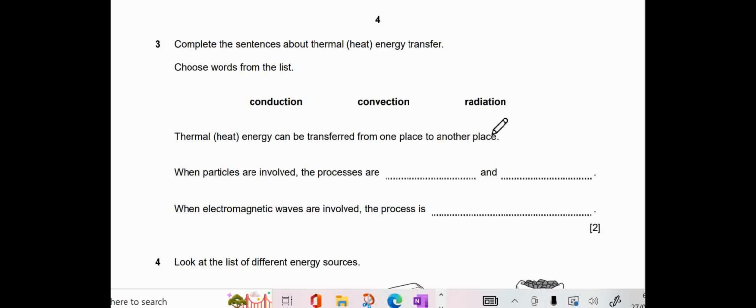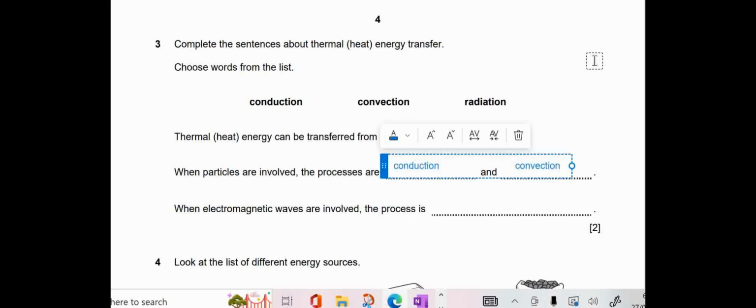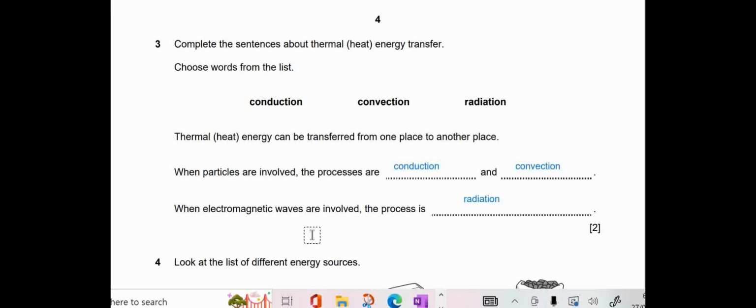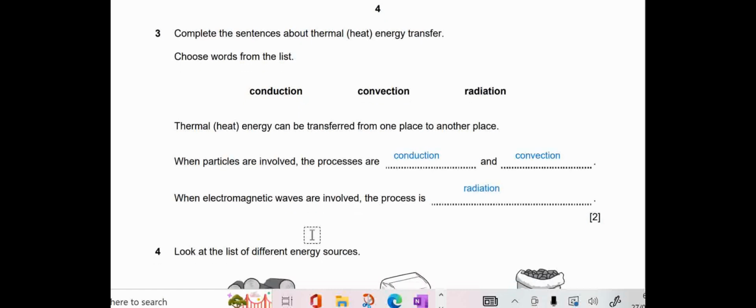For example, the sun can travel through vacuum and reach the earth. That is electromagnetic wave. So the answer for this one and this one will be conduction and convection. Next one, this one will be radiation.